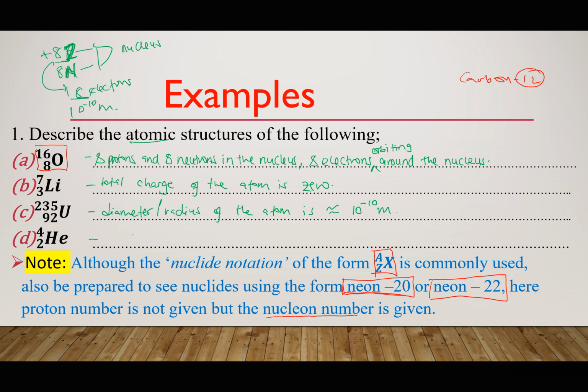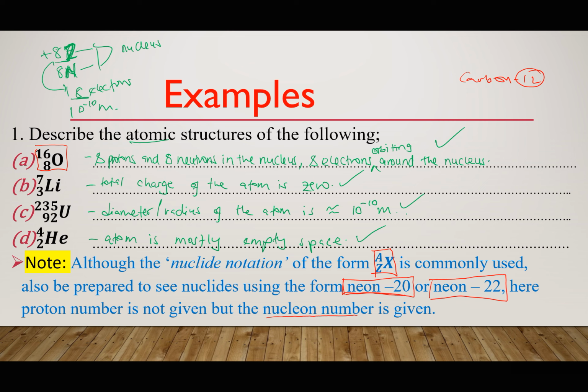I can also say the atom is mostly empty space, as predicted by Rutherford's model. So by stating all these, I have described the structure of the atom in detail.